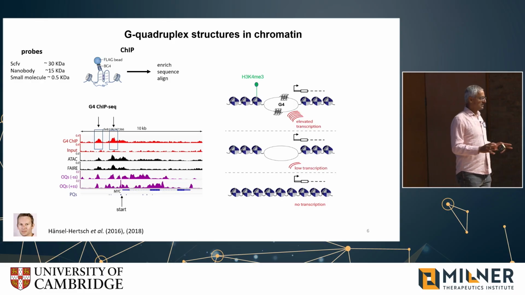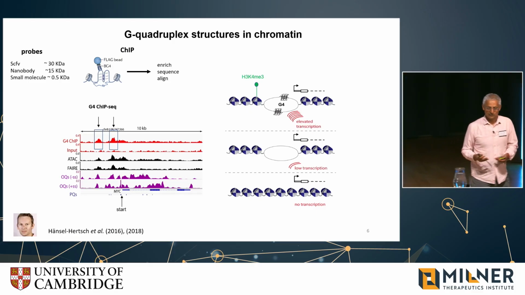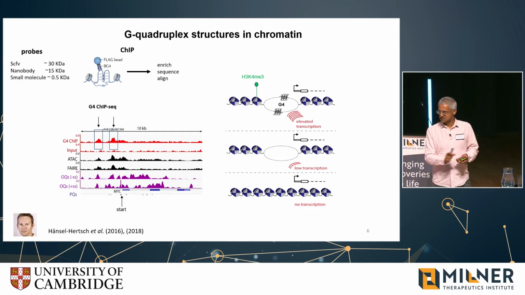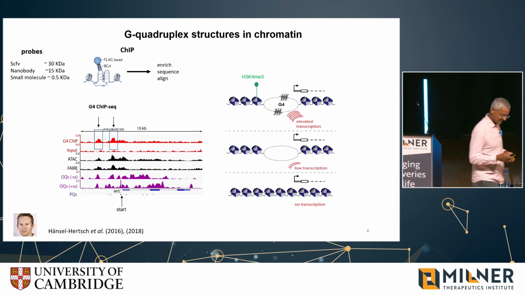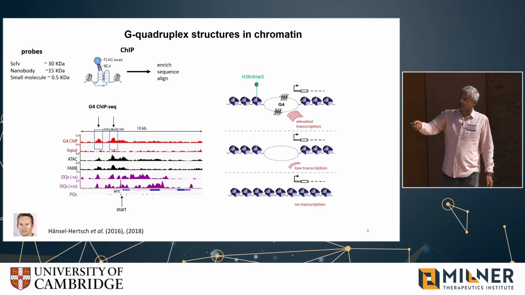I said to my lab, this is all good and well, but I'm staring at red dots here. How do I know what they really are? And we can't really learn about what they're doing until we can get an address in the genome, in chromatin, of actual human cells. Then we can start to discern what they're doing. Now, Robert Hansel-Hirsch, who runs his own lab now in Cologne, he cracked this problem.